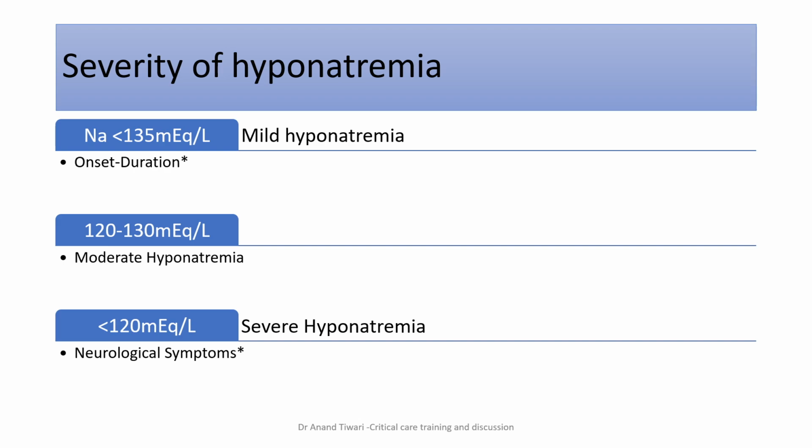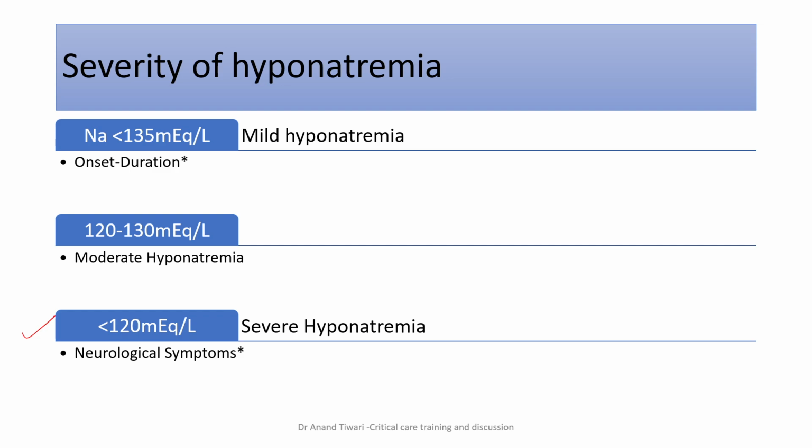How do you define hyponatremia and its severity? The normal lab value is 135 to 140 milliequivalent per liter. Any sodium less than 135 is mild hyponatremia. Anything less than 120 with symptoms is severe hyponatremia. Even some guidelines say that less than 125 milliequivalent with neuro symptoms can be considered severe hyponatremia.